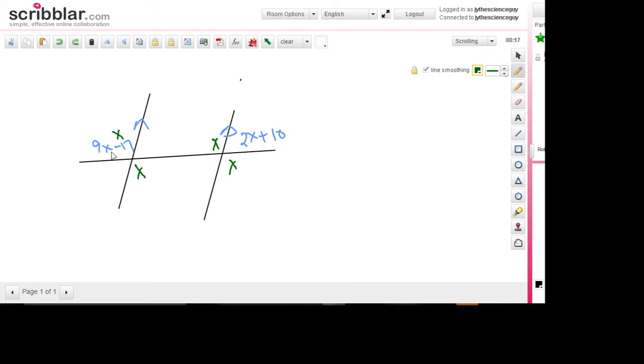So if I look at this one and that one, are they equal or supplementary? Supplementary. So I'm going to add them all up and set it equal to 180. So this is 9x minus 17 plus 2x plus 10 is equal to 180.